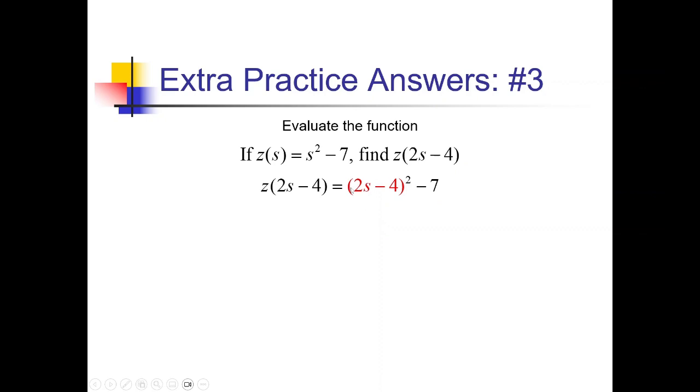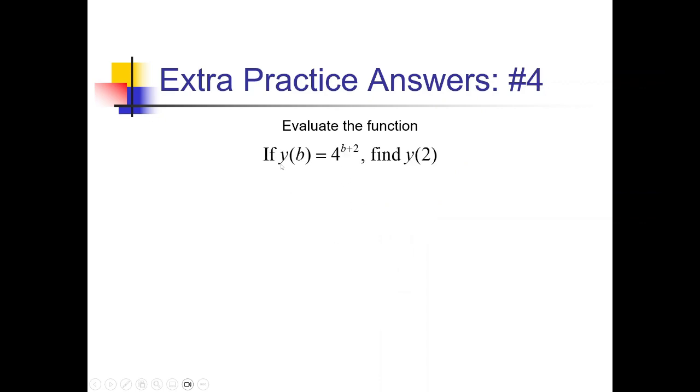So square the first thing, that's going to be 4s squared. Multiply these two items together and double that. So 2s times negative 4 is negative 8s. Doubling that gives us negative 16s. And then square the last thing, negative 4 squared is positive 16. And then don't forget you still have that minus 7 at the end. So the only thing we have to combine after all that is just the 16 and the minus 7, which gives us 9, to go with the 4s squared and the minus 16s.